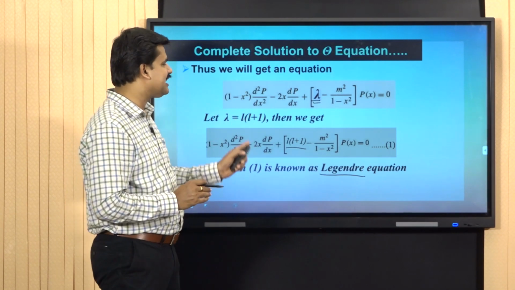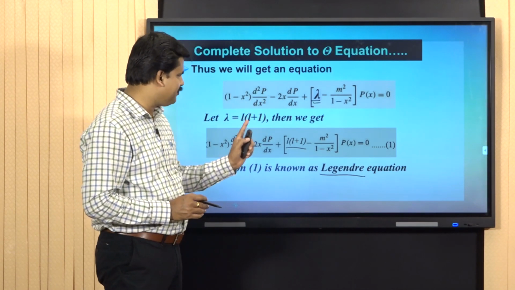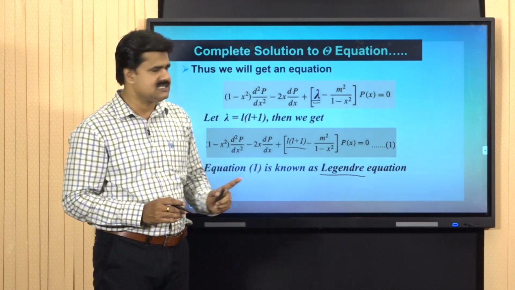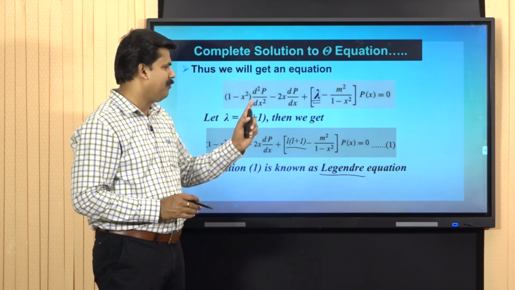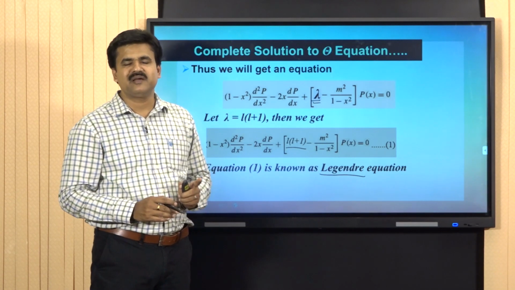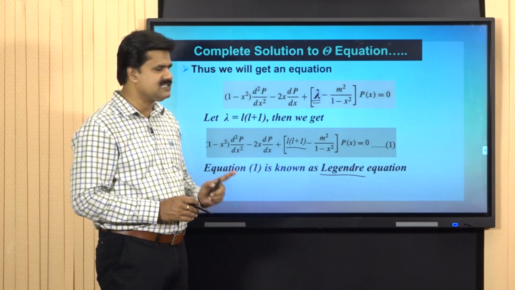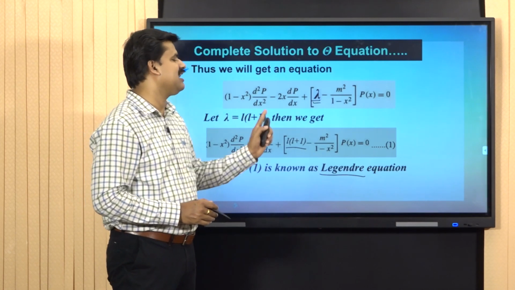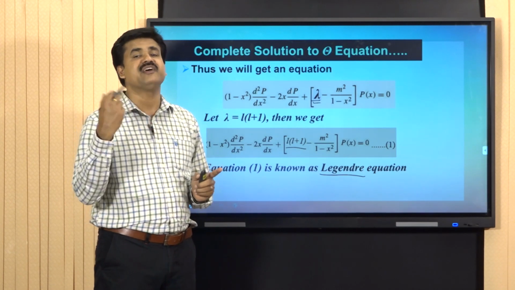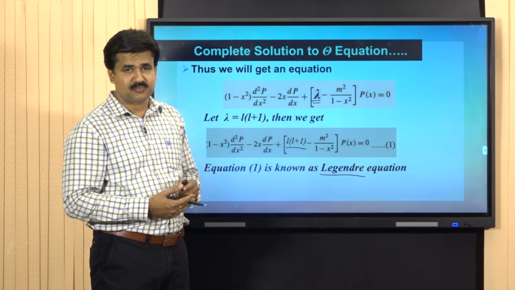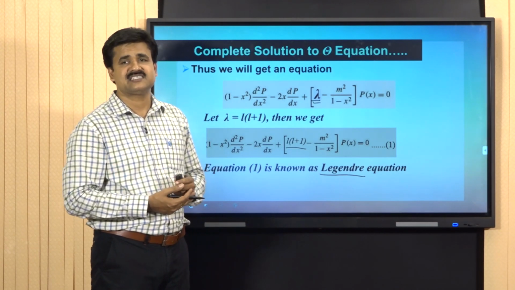Thus, the Legendre equation is once again 1 minus x square d square P by dx square minus 2x dP by dx plus L into L plus 1 minus m square by 1 minus x square into P of x is equal to 0. Keep this equation always for your reference, and this equation is very important. This equation will again appear in front of you whenever we are discussing the hydrogen atom problem. The same kind of Legendre equation will also appear in the case of the hydrogen atom problem.